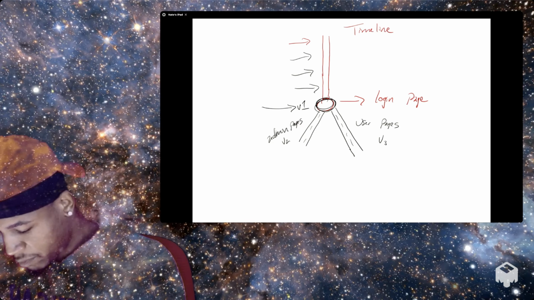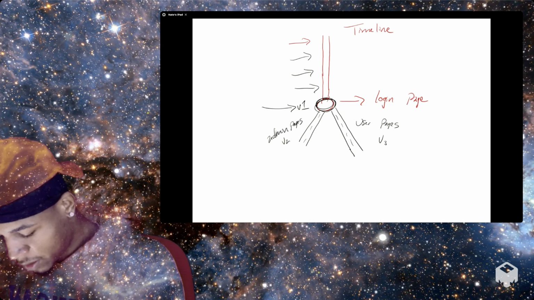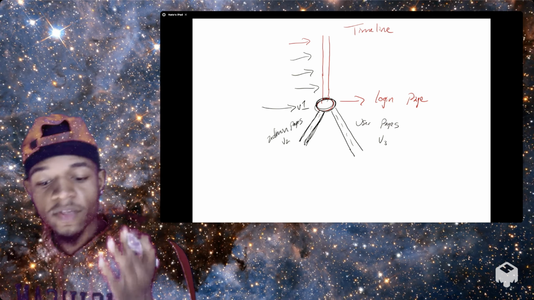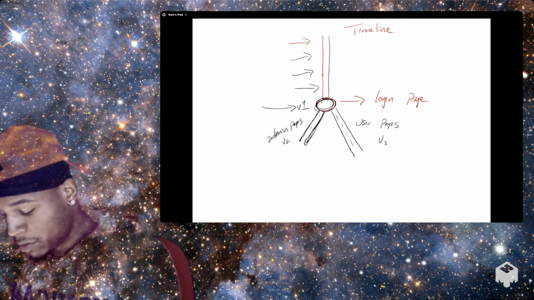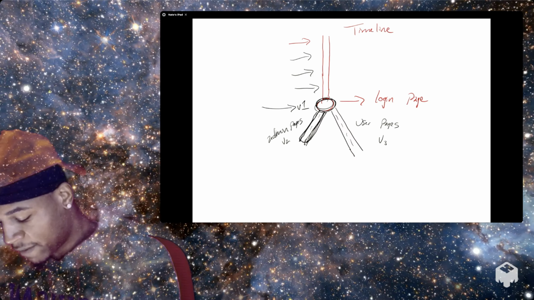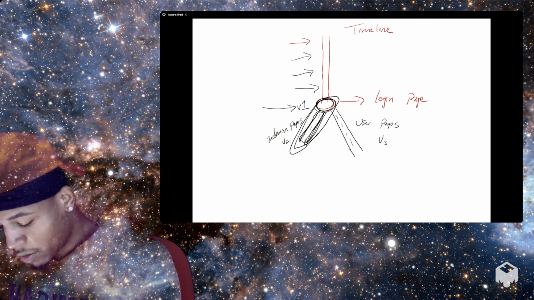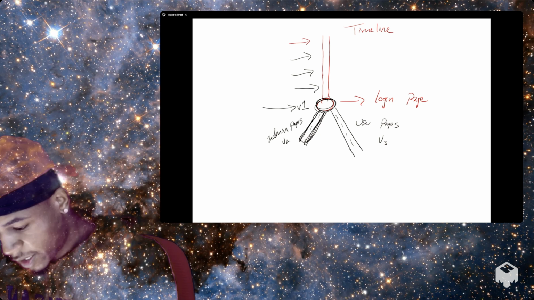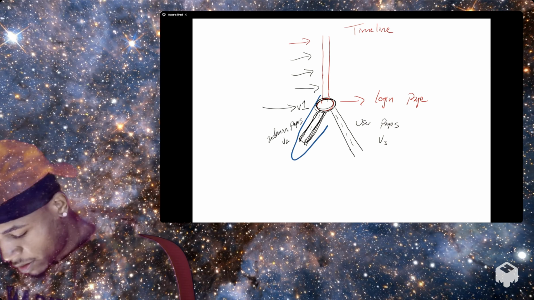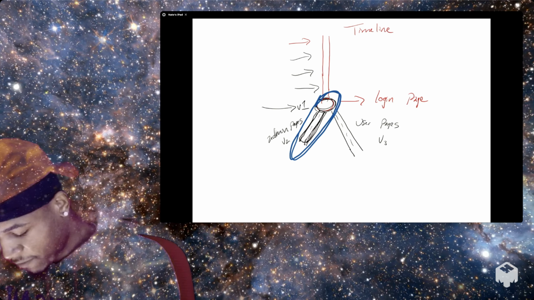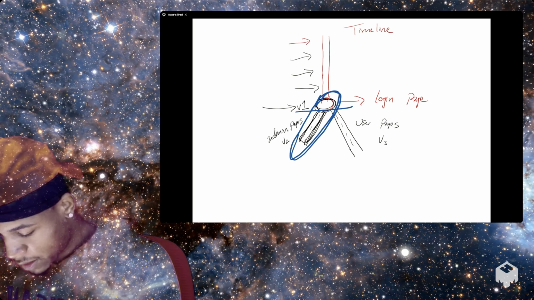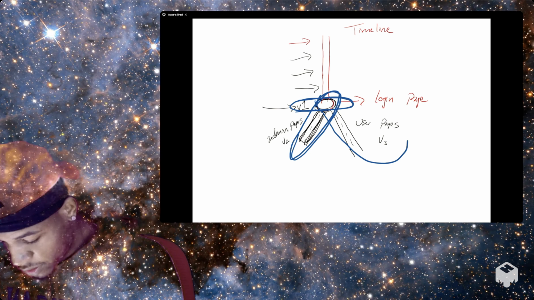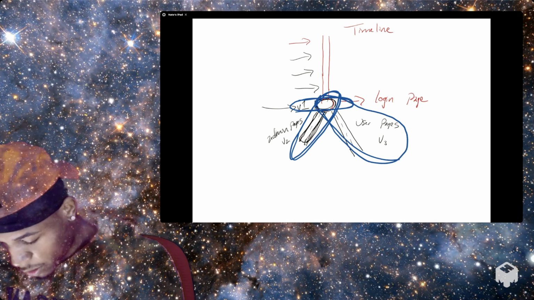So this version right here will simply just have the login. It will have the login and the admin pages in V2. V1 just has the login. V3 has just the user pages and the login.